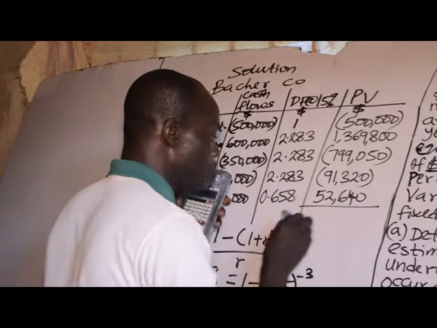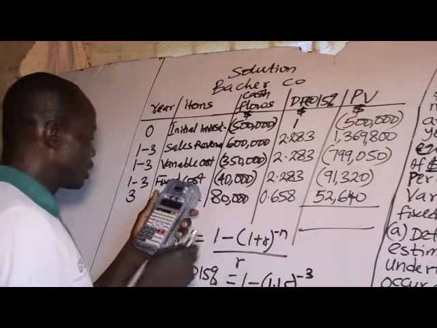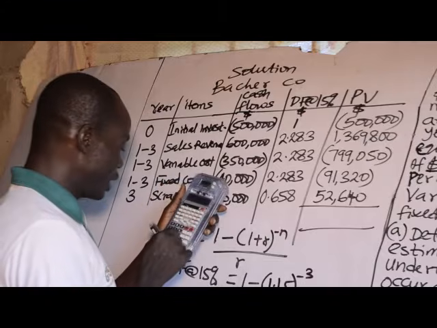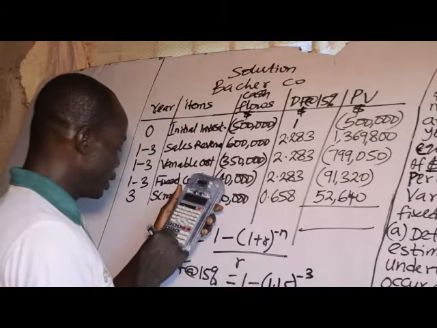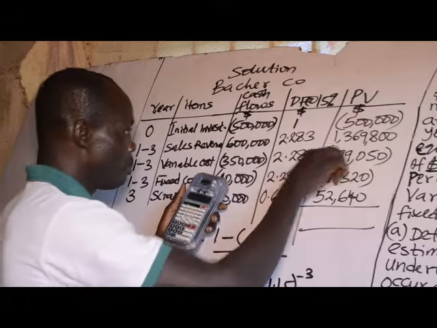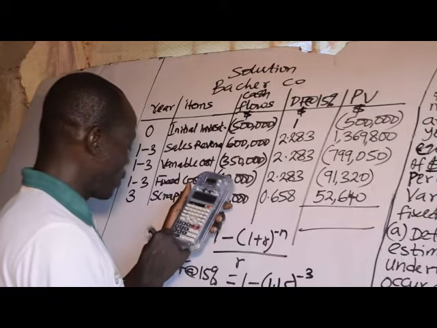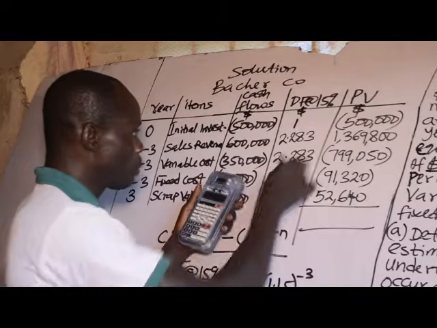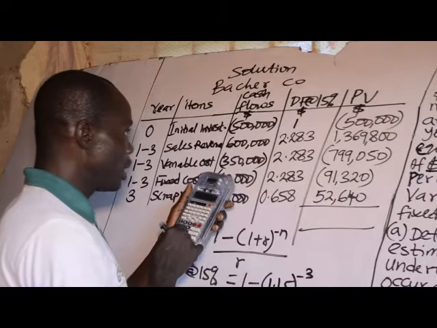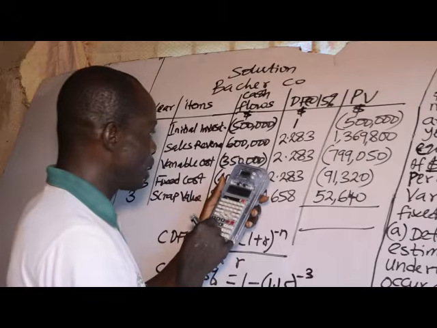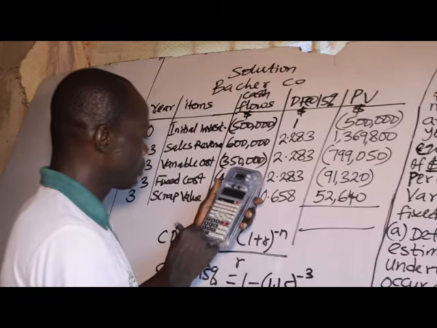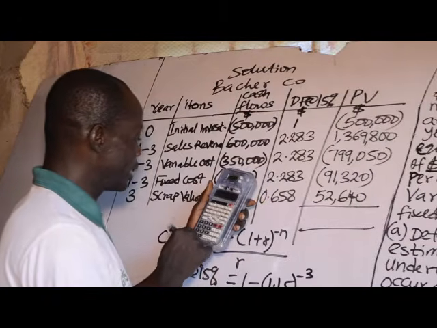So you sum it up: 52,640 minus 91,320 minus 799,050 plus 1,369,800 minus 500,000.